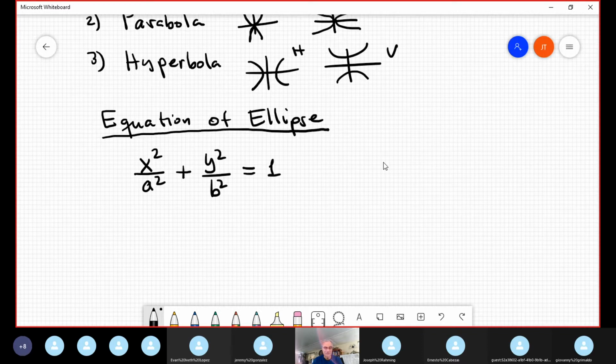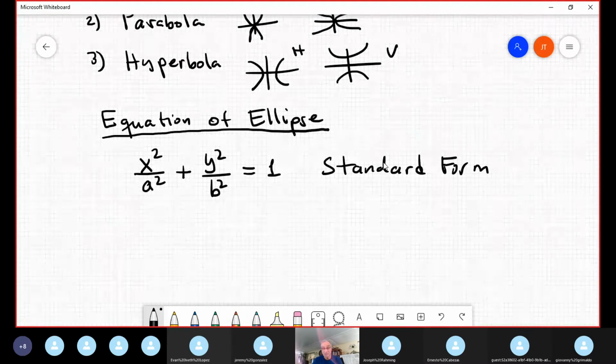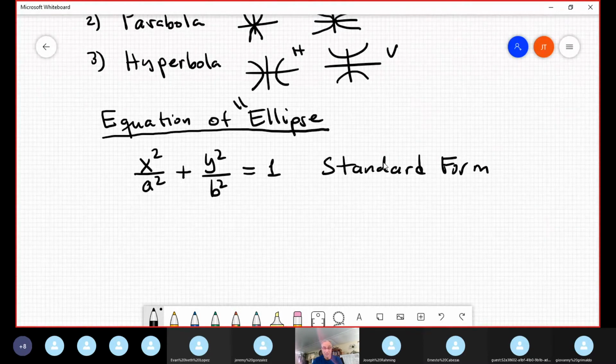This is the classical form, a standard form of the equation of the ellipse. We can do some modification. For example, in this one, the center is located at 0,0. And the center is that point.